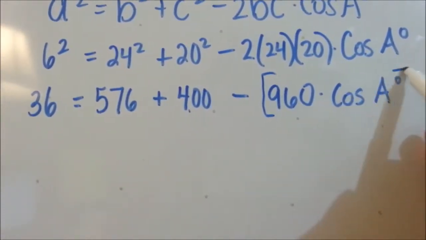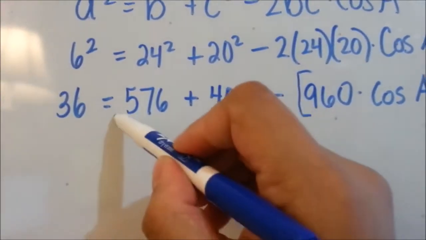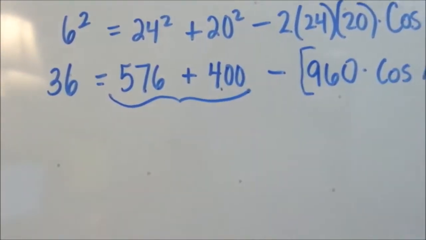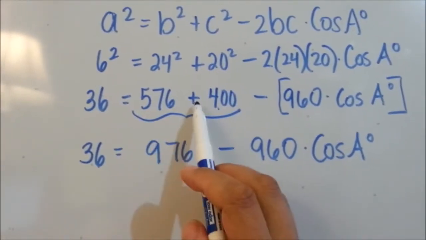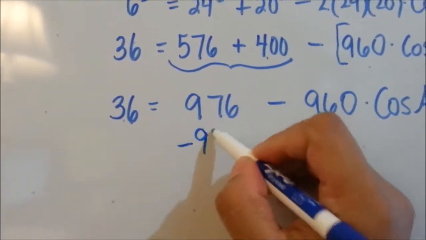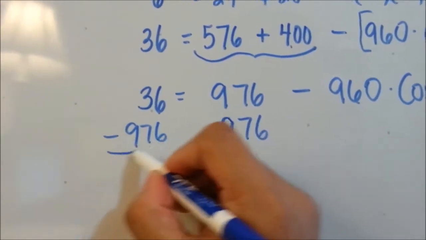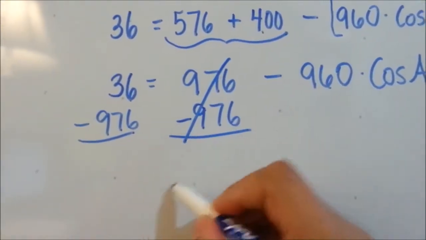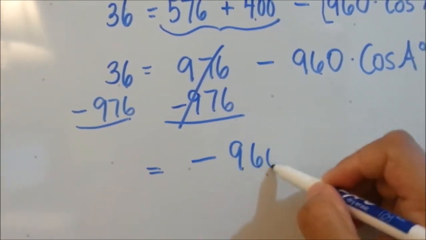This one is a term along with the cosine A. So all you can do is combine those two, which is what we're going to do. So the 576 and the 400 become 976. We're going to subtract 976 from both sides. This goes away. This side remains negative 960 cosine A.